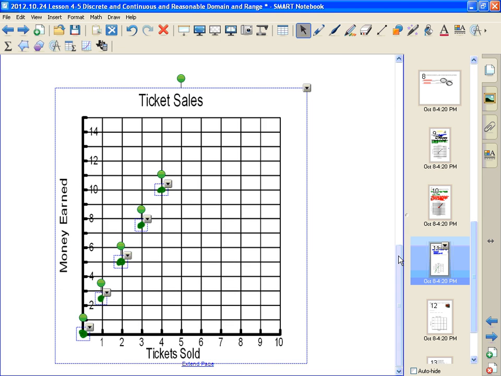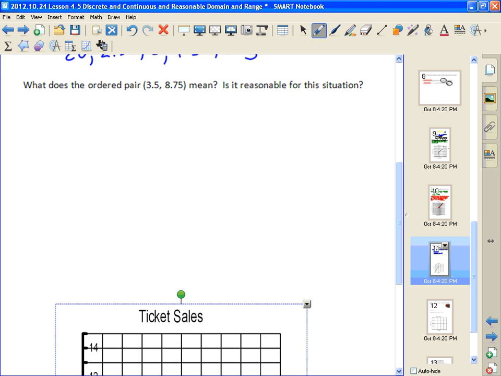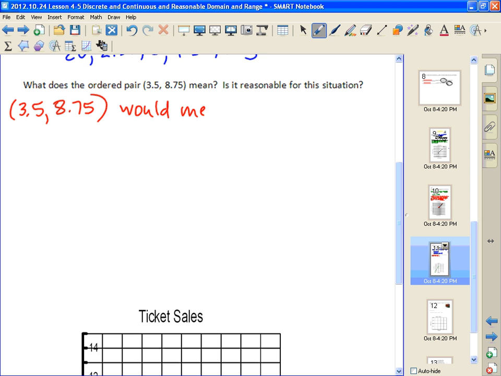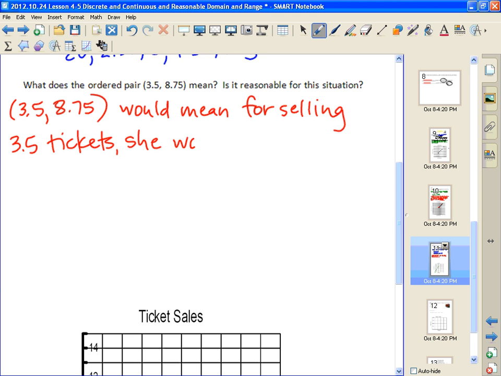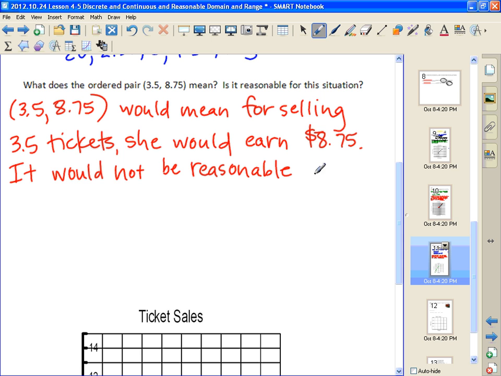And would it be reasonable? 3.5, 8.75 would mean for selling 3.5 tickets, she would earn $8.75, which is not reasonable, so it would not be reasonable because it's not possible to sell half a ticket.